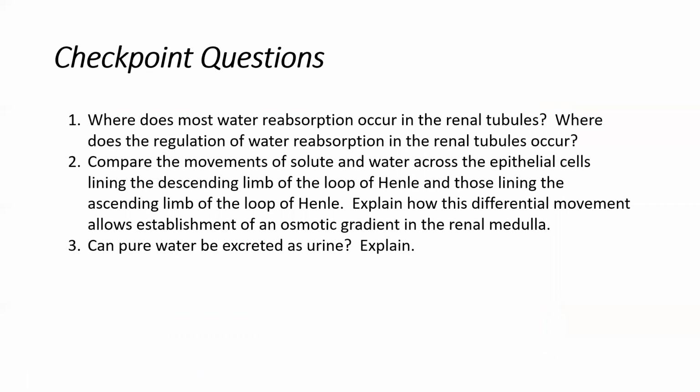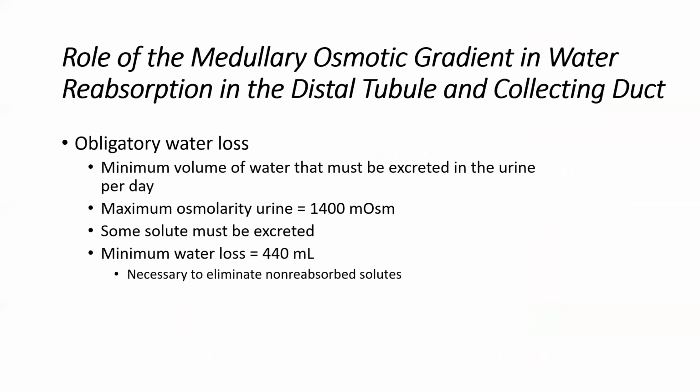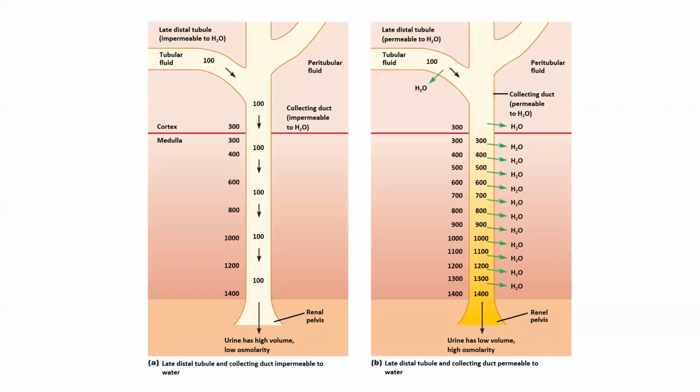And then the final question here, can pure water be excreted as urine? Explain. So the short answer is no. Pure water can never be excreted as urine because we looked at the range of the osmolarity of urine, right?